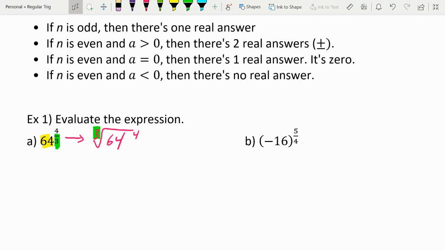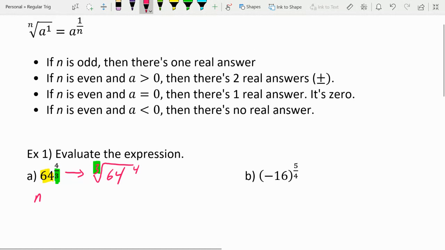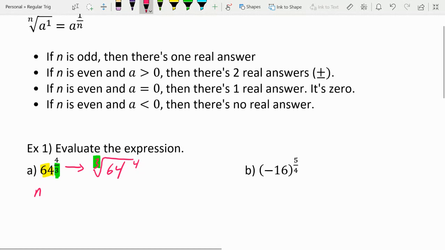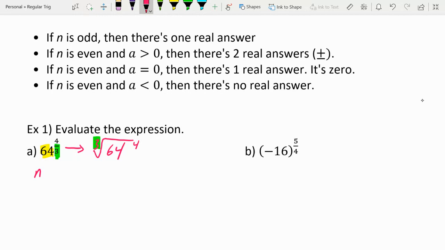Now when we're looking at this, we know that n, remember, n is which one? N is the index or the denominator. So n is odd, right? So I know it's going to be that one right there. Looking up at the 4 bullet points, n is odd.